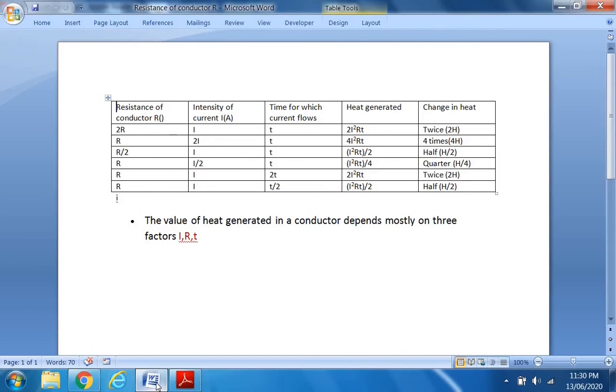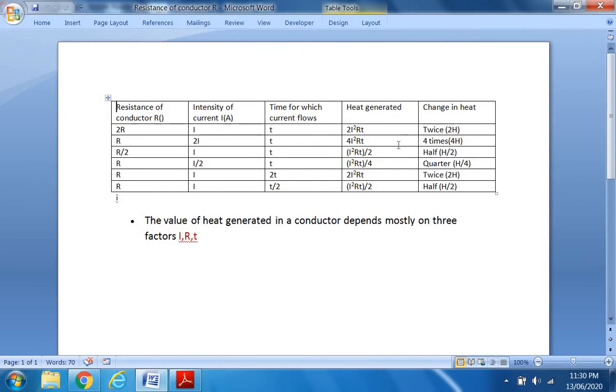It is seen from the table that when the value of current is 2I, that is twice I, then the heat energy produced is 4 times the original. Okay, that is 4H.